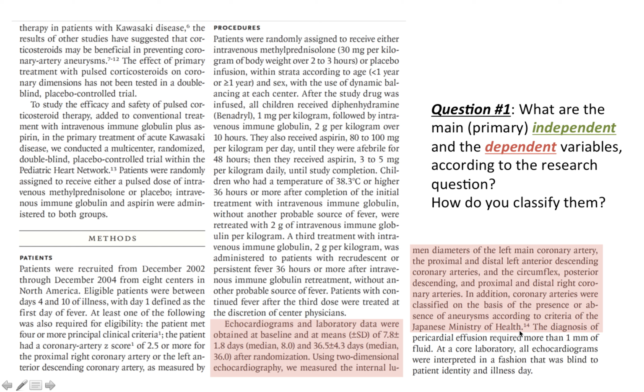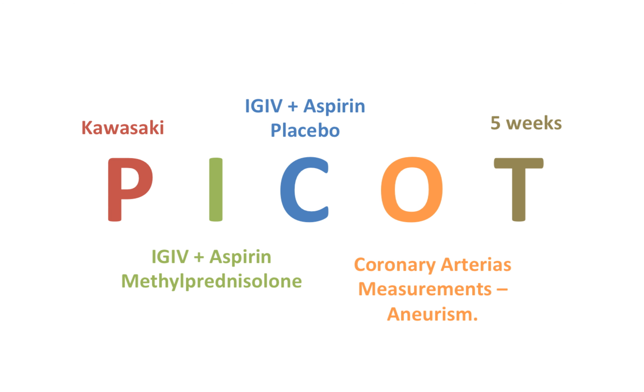The second primary outcome is a categorical variable. Here the authors try to classify whether patients had aneurysms, yes or no. So it's a categorical, dichotomous or binary variable. Okay, so there were two main primary outcomes.